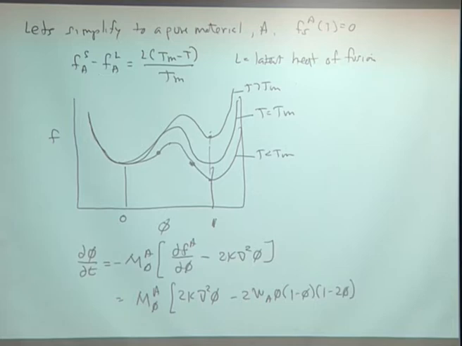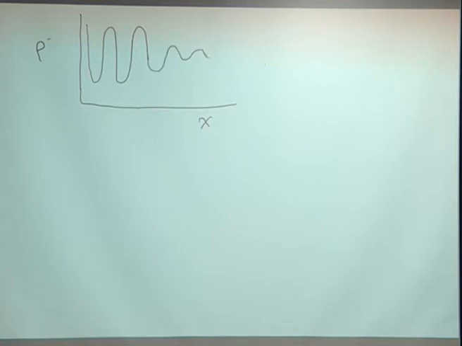Let me sketch this. If you look at, let's say, the density as a function of position through a crystal lattice, in the crystal lattice you have a periodic density field, and then it decays, and you eventually end up in the liquid.